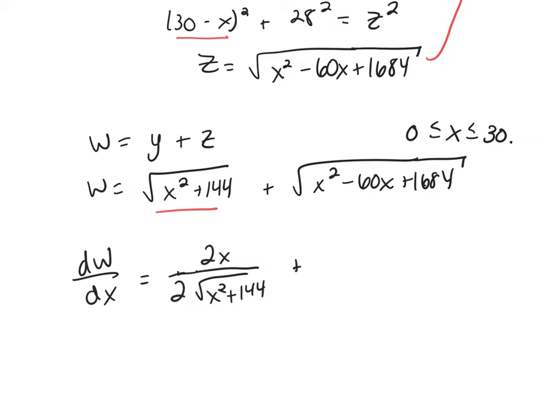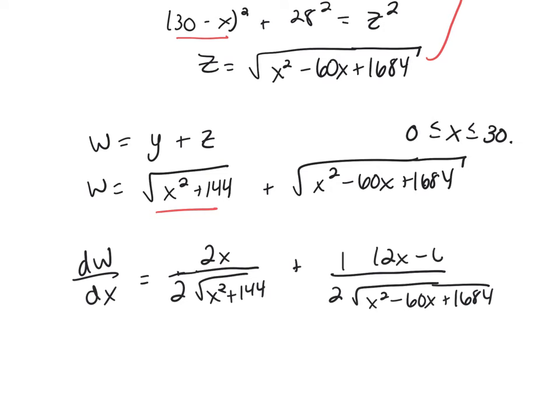And then you'll get a 1/2 here, square root, times the derivative of the inside, which will be 2x minus 60. So I can cancel here. I can factor a 2 out of the top, which will bring this down to a 1 and a 30.